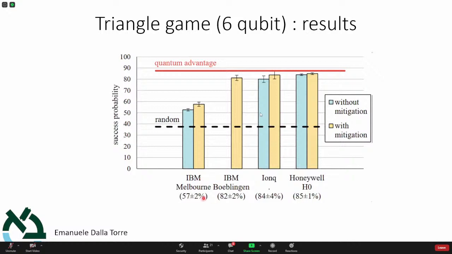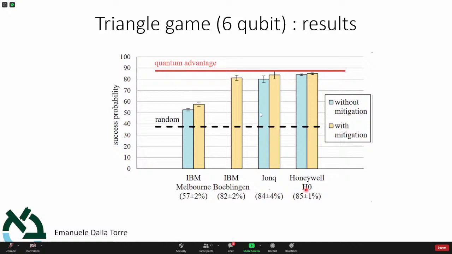These are the results from 2 IBM quantum computers with superconducting circuits, an IonQ quantum computer of trapped ions, and the quantum computer of ions from Honeywell. And as you can see from here, all the quantum computers fail the test. So according to this test, you cannot be sure that these are quantum computers.